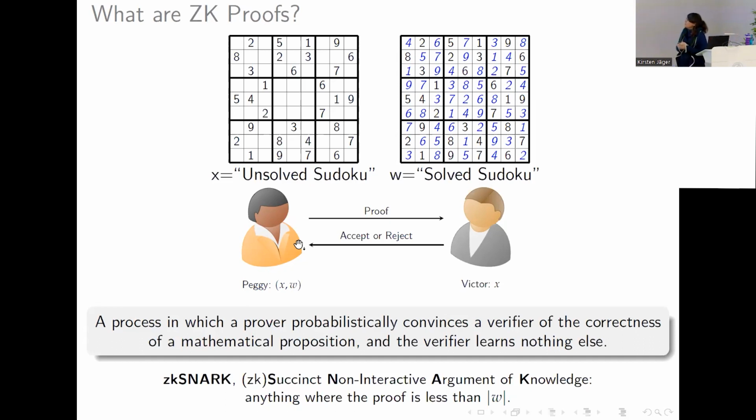Again, a trivial solution could be that Peggy just sends the witness, or maybe the encrypted witness if she doesn't want Victor to learn anything, but that's not what we want with zero-knowledge SNARKs. We want to make sure that communication is of size less than the actual witness.